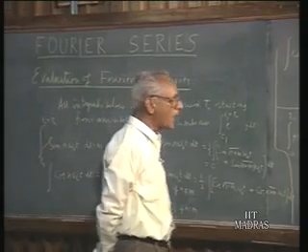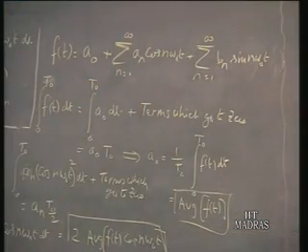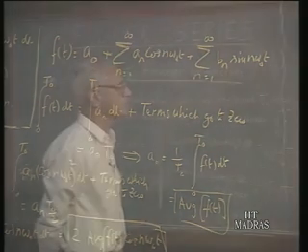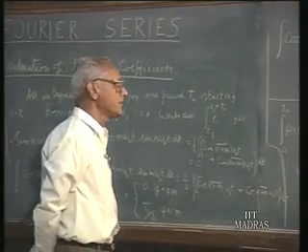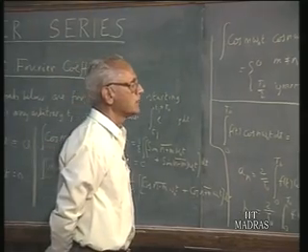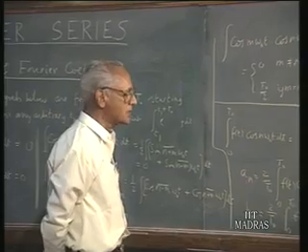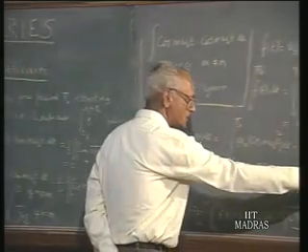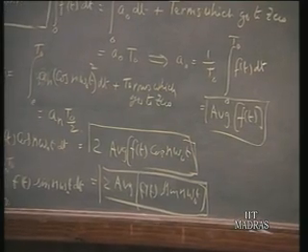And once we obtain the response to each one of these harmonic components, using these phasor methods, we can obtain the total response by superposing the various responses. And for this purpose, we arrived at the formulas for the DC component, the coefficient for the cosine terms and the coefficient for the sine terms, and these are the three expressions which we would like to remember in calculating these A and B coefficients.